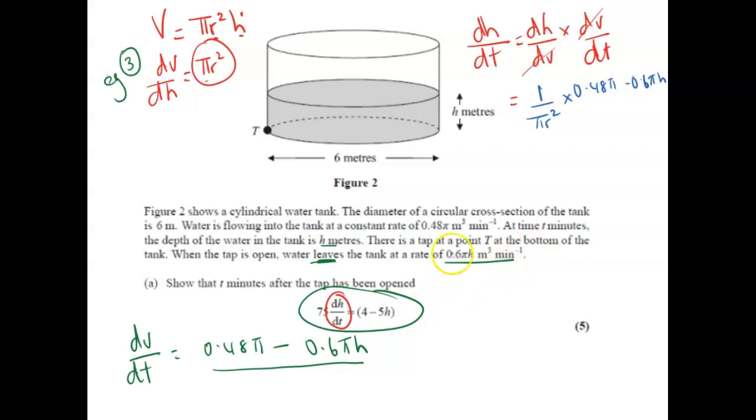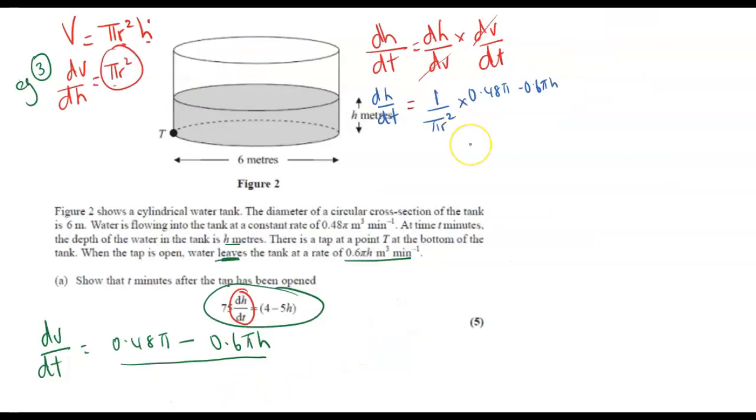Now, this is actually the dh/dt here. So now, continuing with this, in my shape, I have my diameter is 6, so that means the radius here is actually 3. So I will write 1 over pi times 3 squared, multiplied by 0.48 pi minus 0.6 pi h.